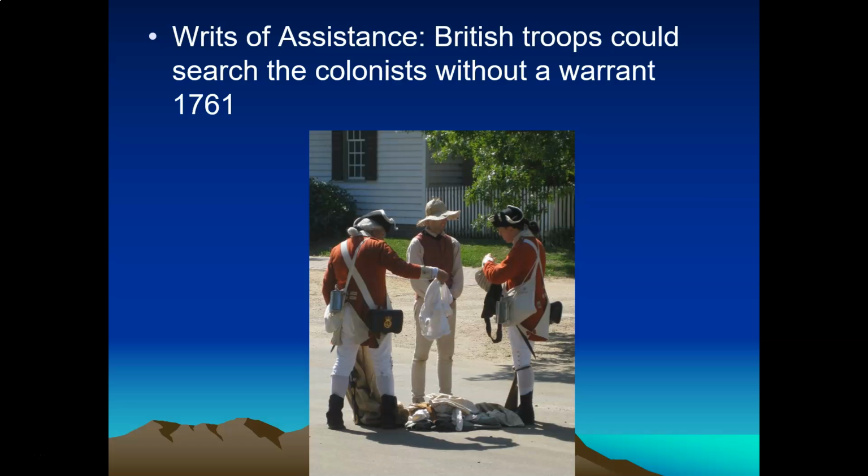Now, one of the next things we want to talk about, where we kind of left off, is what was affecting the colonists following, or building up to, the French and Indian War, and then getting into the Revolutionary War. The British passed what is known as the Writ of Assistance, which basically said the British troops could search the colonists without a warrant.